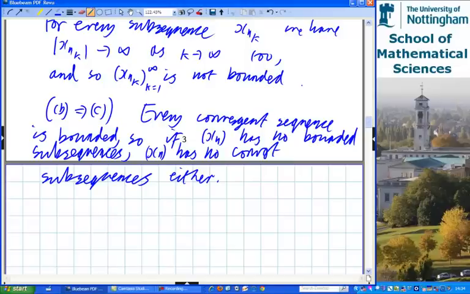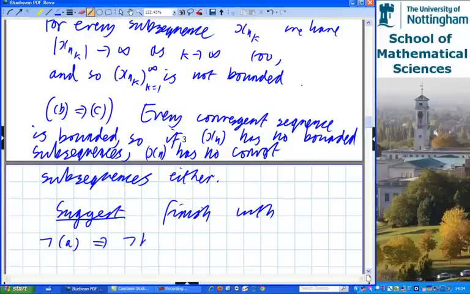Maybe you should look at not A implies not B. So I suggest finishing with not A implies not B and C implies B. And that will actually do it. Not A implies not B will give you B implies A, so they'll be equivalent. And C implies B will mean that B and C are equivalent, and you're finished.